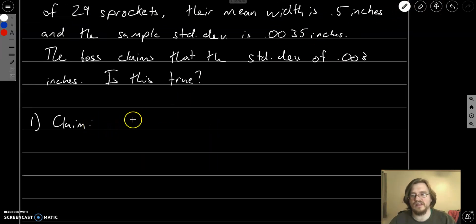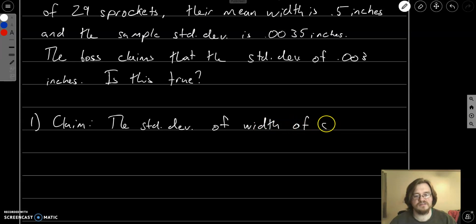So we can write down our claim is that the standard deviation of width of sprockets is 0.003 inches.